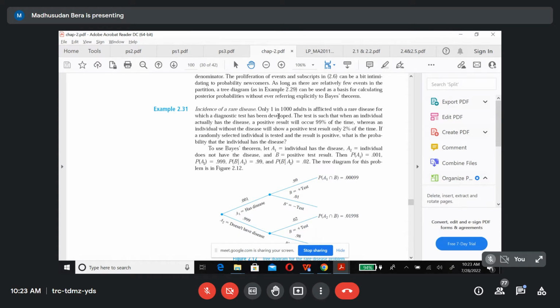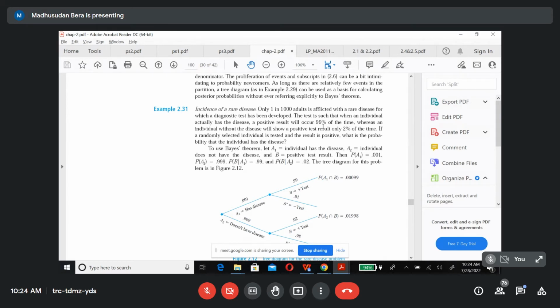So there is a test for the disease. The test is such that when an individual actually has the disease, a positive result will occur 99% of the time. It means the person actually has the disease, and the result will show positive with probability 99%.